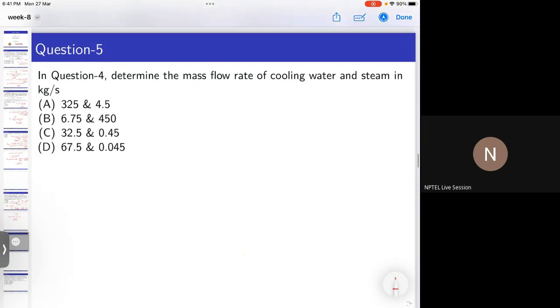Now it's a continuation. So we have to determine the mass flow rate of the cooling water and the condensation rate of the steam. Do you have any idea how to find this? Let's first find the condensation rate of steam.